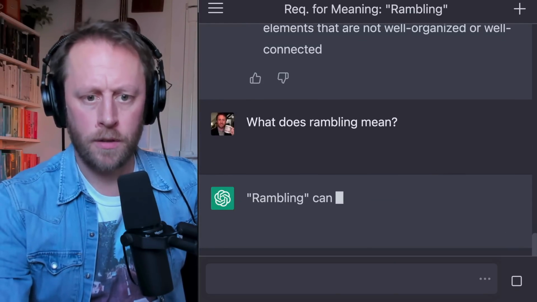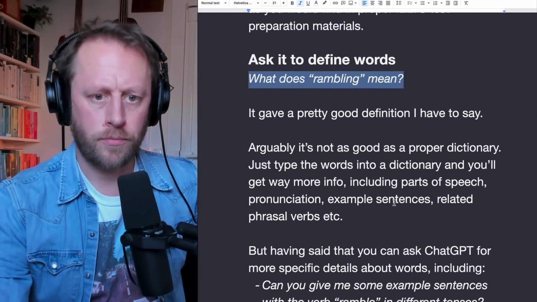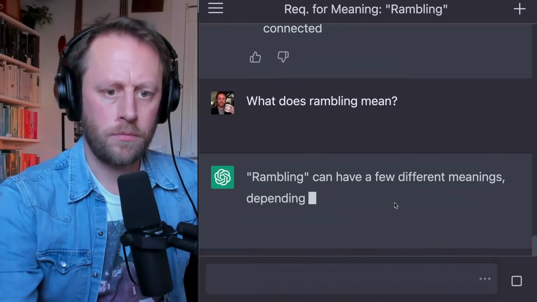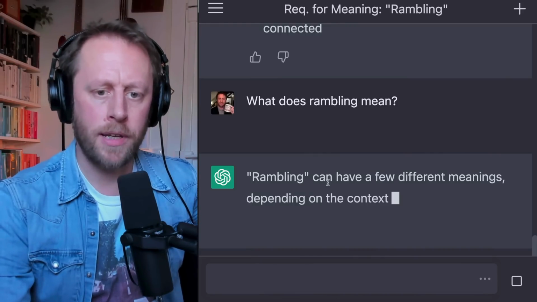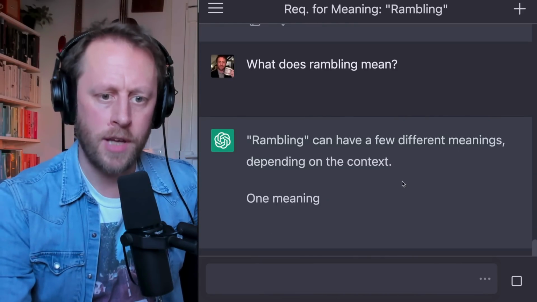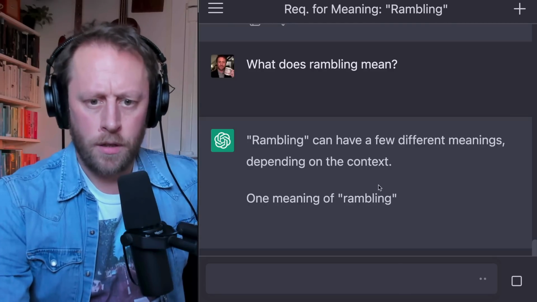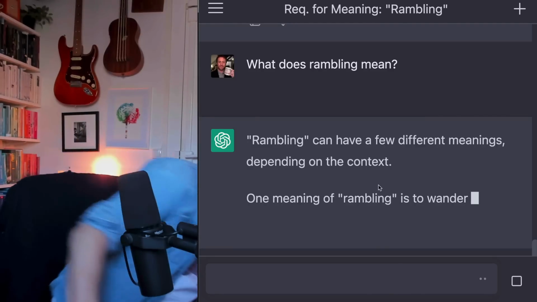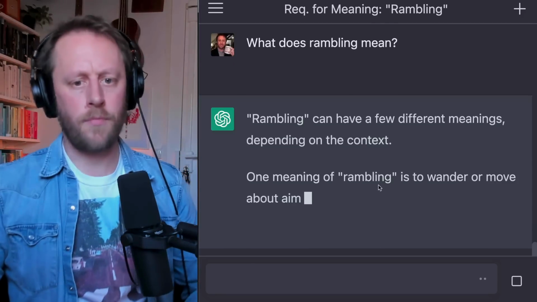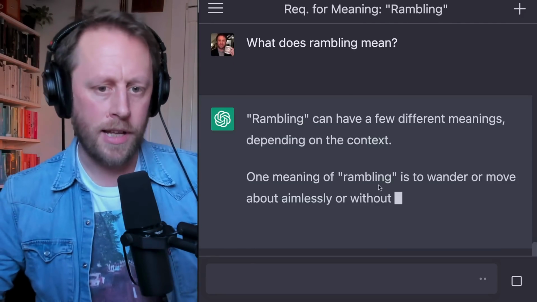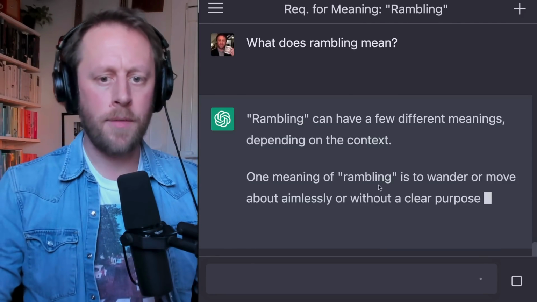Rambling. Okay. It says rambling can have a few different meanings depending on the context. One meaning of rambling is to wander or move about aimlessly or without a clear purpose.